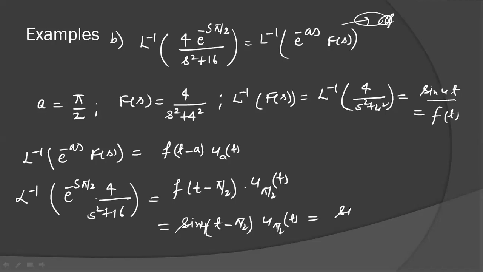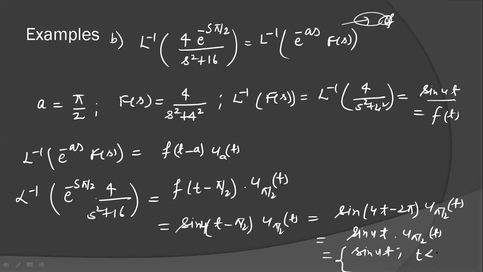If you multiply 4 inside, it will become sine (4t minus 2 pi) u_{pi by 2}(t). Sine of (360 minus theta) is minus sine theta, and minus sine again, so it will be sine 4t. You can simplify it in pi by 2. If you want, you can break it also. It is 0 when t is less than pi by 2, and when t is greater than or equal to pi by 2, it is sine 4t.